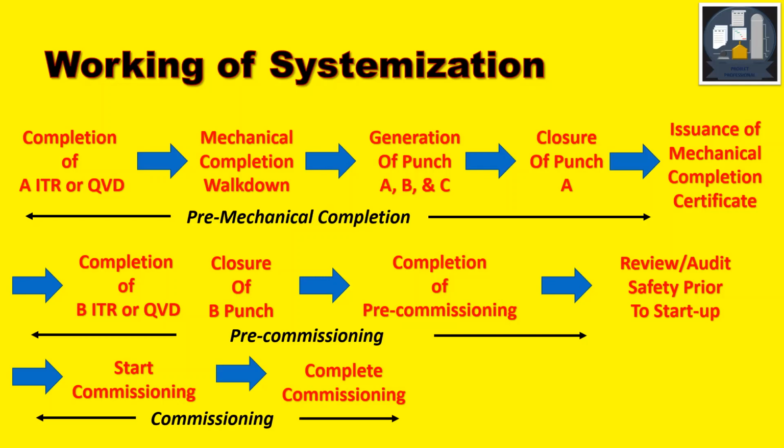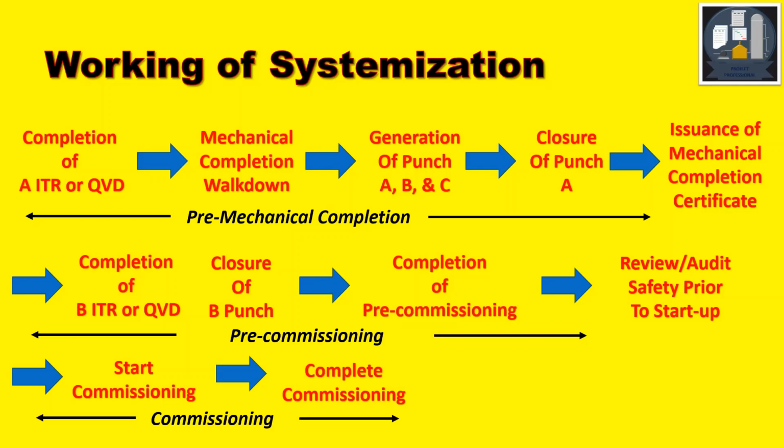As we see, until the closure of A punch, these are the pre-mechanical completion phase or stage or whatever one can call it. Then after the mechanical completion certificate, what we do is the completion of B ITR or QVD and also closure of B punch. Once both these activities are done, the pre-commissioning is complete.